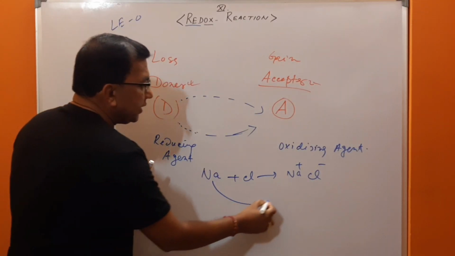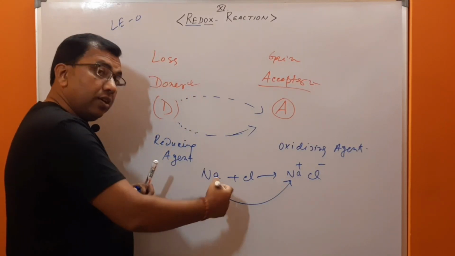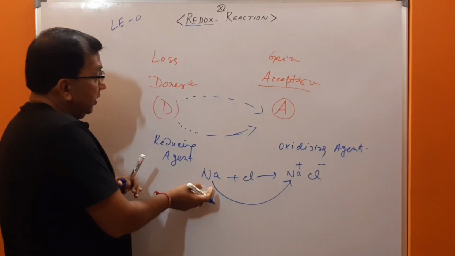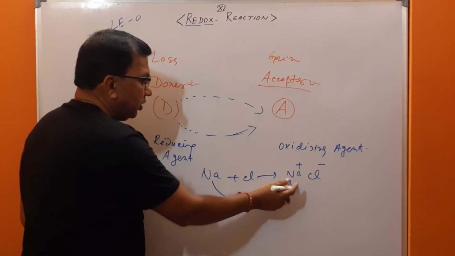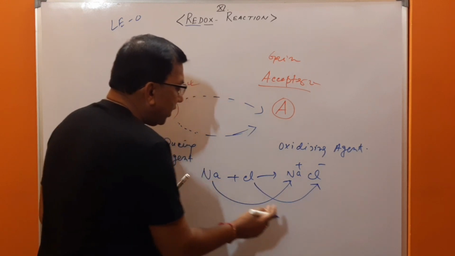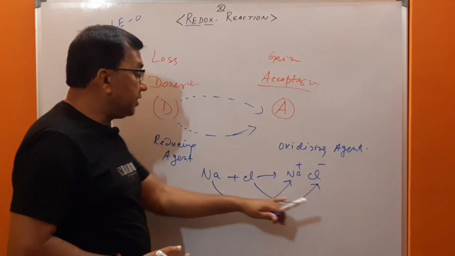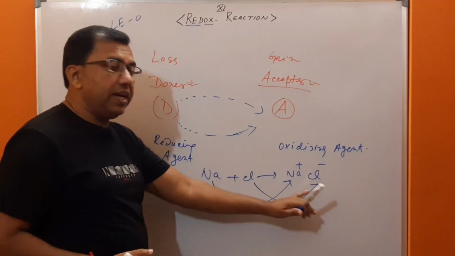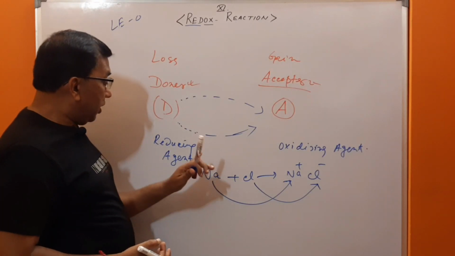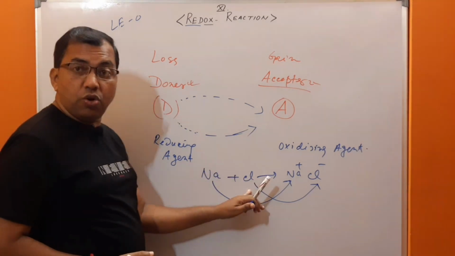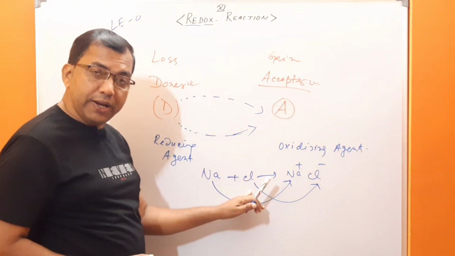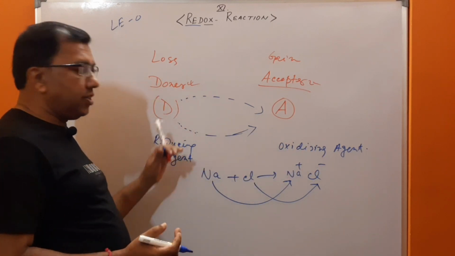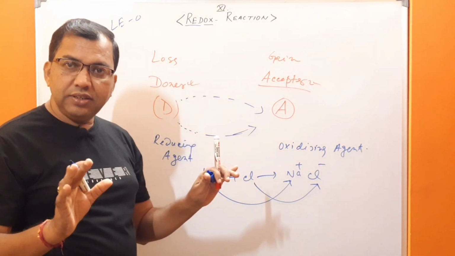By losing electron, loss of electron, this is the donor. And how does Cl become Cl minus? By accepting, so Cl is the acceptor. Clear? So Na is the donor, Cl is the acceptor. Donor means reducing agent, Cl means oxidizing agent. So what is the oxidizing agent, what is the reducing agent, who is oxidized, who is reduced? Clear? Okay?